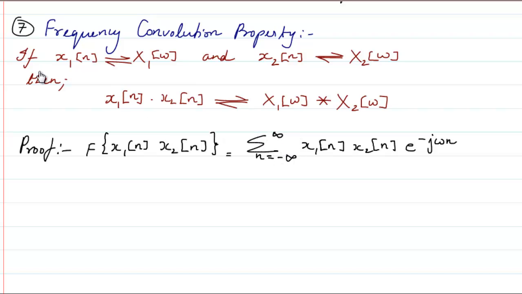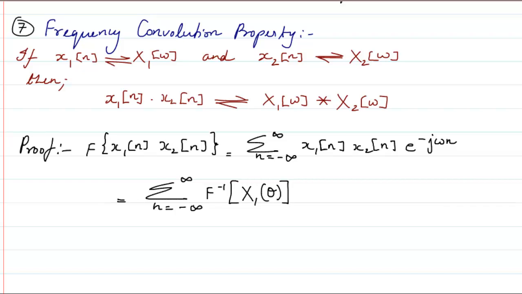Now here I am going to substitute, instead of x1 of n, the Fourier inverse. That means I am going to put x1 of n as the Fourier inverse of X1 of omega. But instead of omega I am just going to write theta because I want a different variable.